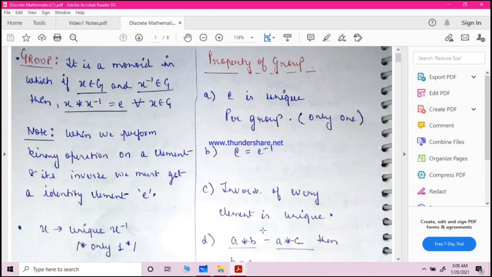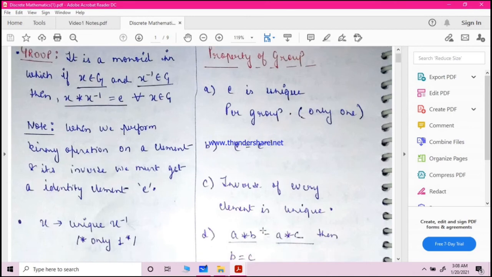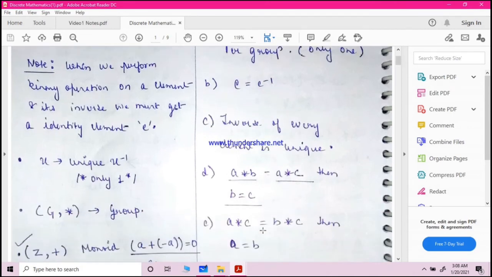If A binary operation B is equal to A binary operation C, then B is equal to C. Meaning if you are performing the same operation on two numbers and you're getting the same result, then the variables must be the same. Meaning A into C and B into C are giving you the same value, then A and B are equal.